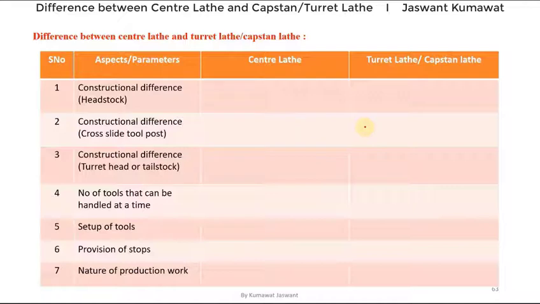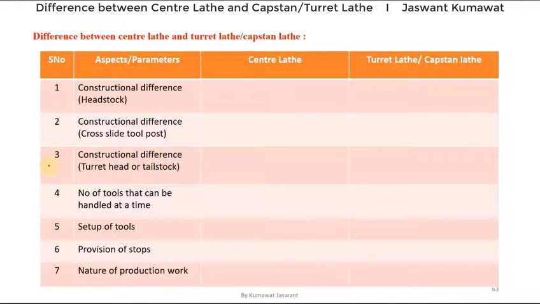And the capstan lathe is equipped with a front tool post and rear tool post, where the front tool post is a 4-station tool post and the rear tool post is generally a 2-way tool post. So here we can mount a number of tools on the cross slide.